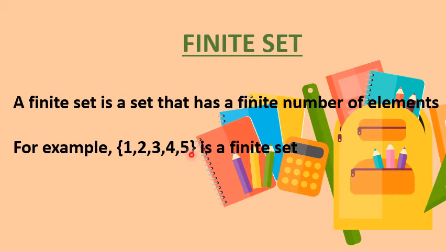This set is ending. It is a finite set, right? There are no dots placed after 5. If there are dots after 5, then it will be an infinite set, which has no limit, which has no end. But if it has a limit, then it is a finite set.